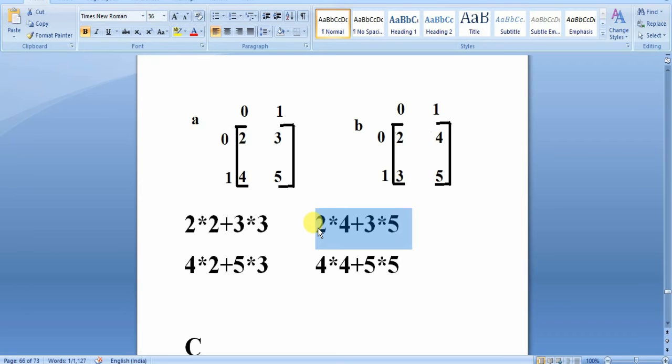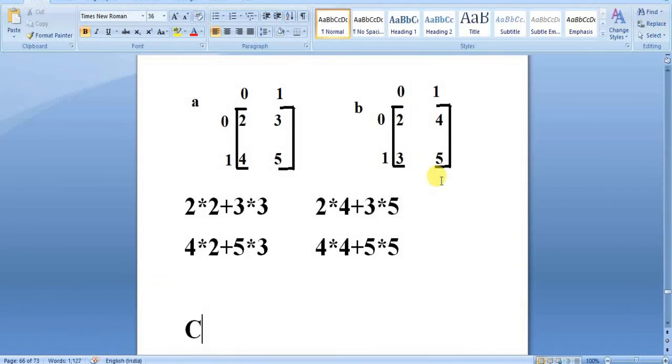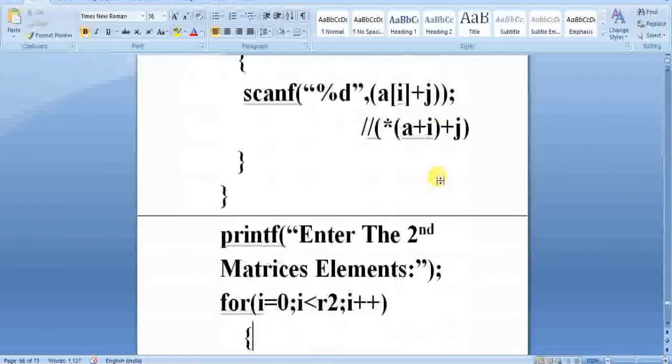This is A of i k, and B of k j, where j is 1. When k becomes 1, A of i k changes to A of 0 1, and B of k j becomes B of 1 1.